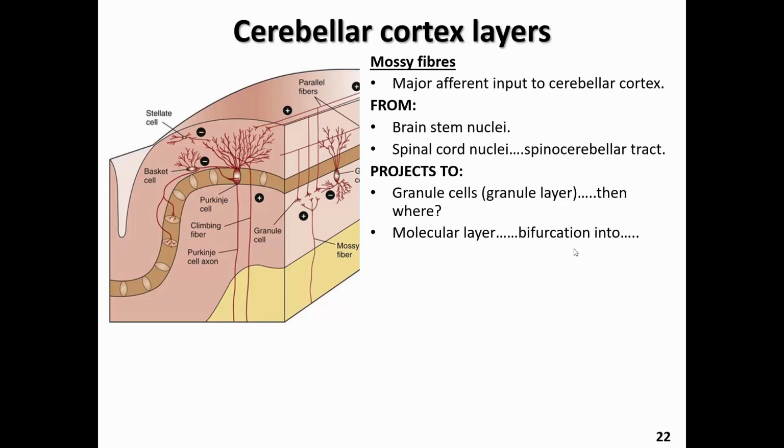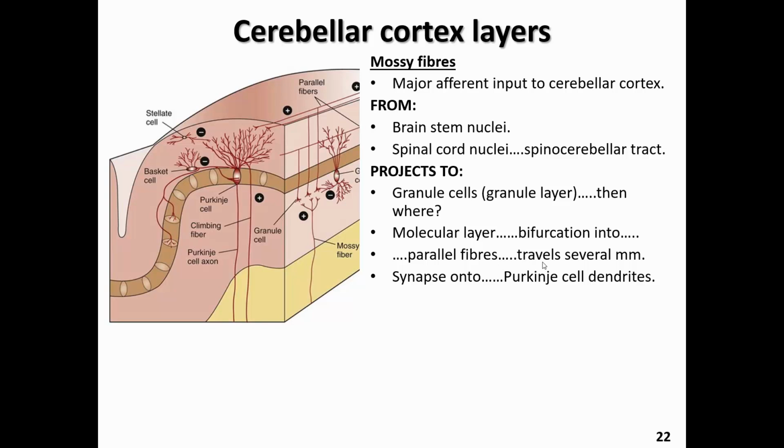So bifurcation means that there is a sharp split in these neuron axons at that level, and they form what are called parallel fibers, named according to the fact that these fibers appear to travel in a parallel manner along the surface of the cerebellum. These will actually travel several millimeters to synapse onto the dendrites of the Purkinje cell.